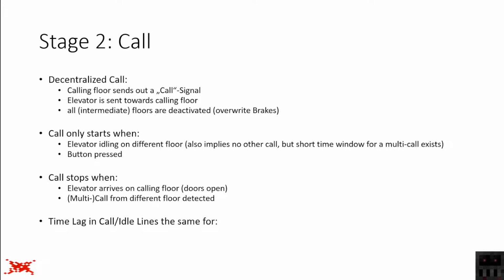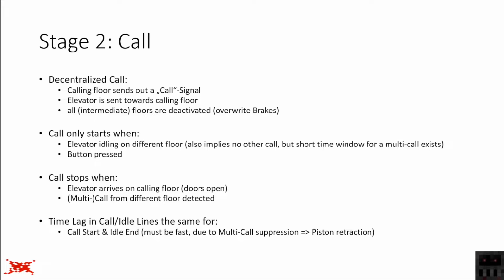And my solution to this, or my thoughts, are the following. I want this time window where I can make a multi-call as small as possible. Subsequently, this time window is the time between starting a call and the elevator starts up on the different floor and the idle signal ends.